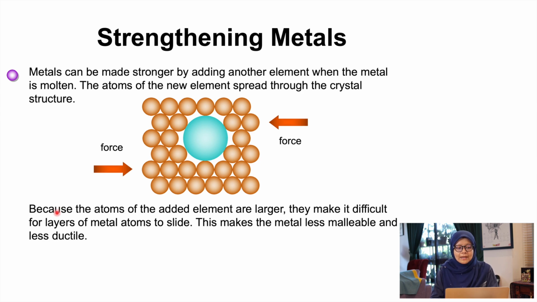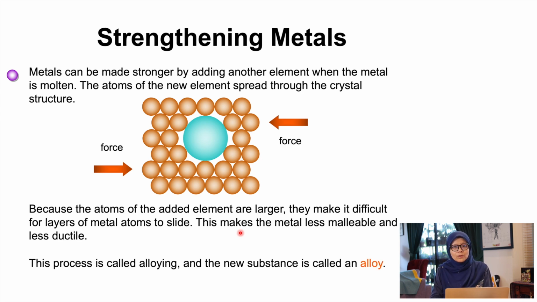Because the atoms of the added element are larger, they make it difficult for layers of metal atoms to slide. This makes the metal less malleable and less ductile. This process is called alloying, and the new substance is called an alloy.